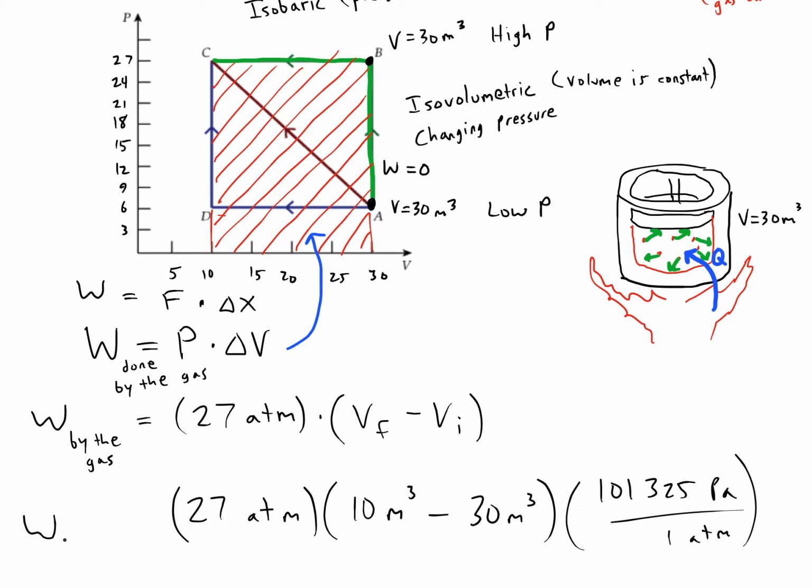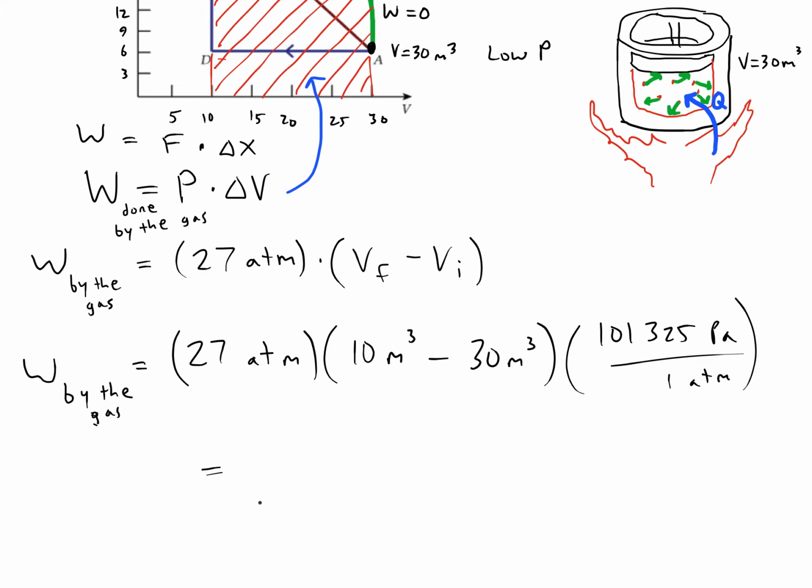And this will be the work done by the gas. So it comes out to a negative 54,720,000 joules.